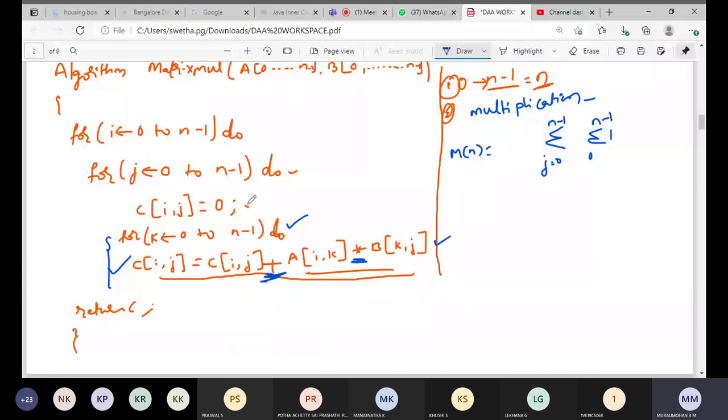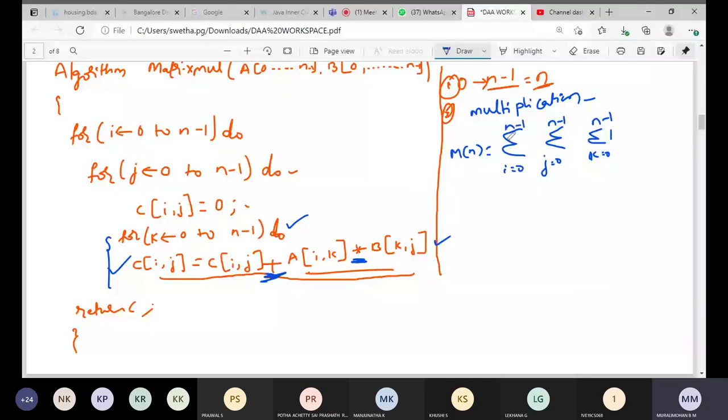Again, this entire thing will be executing for i equals 0 to n minus 1, that is, j as well as k will be executing when i is 0 to n minus 1 times.